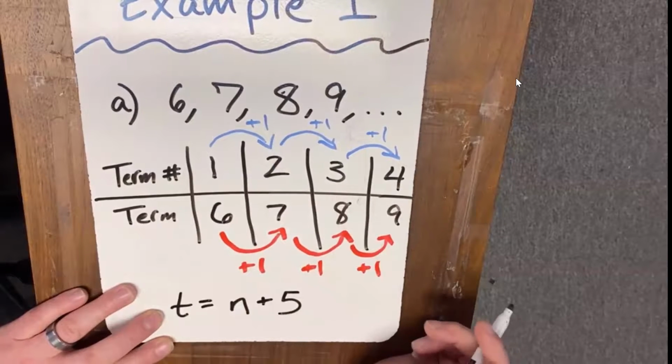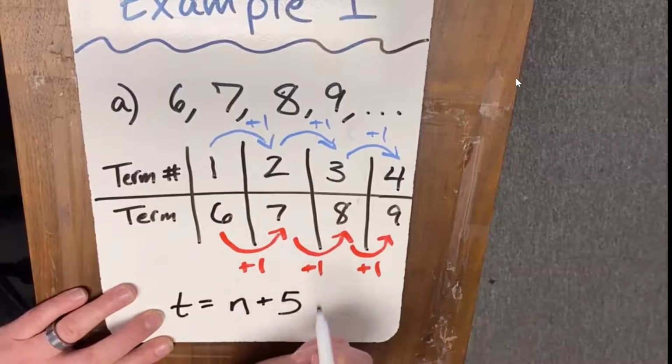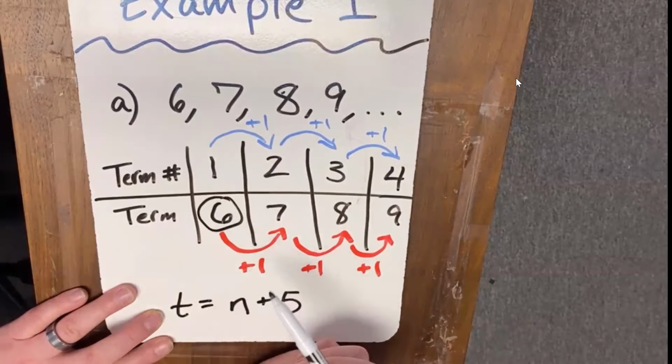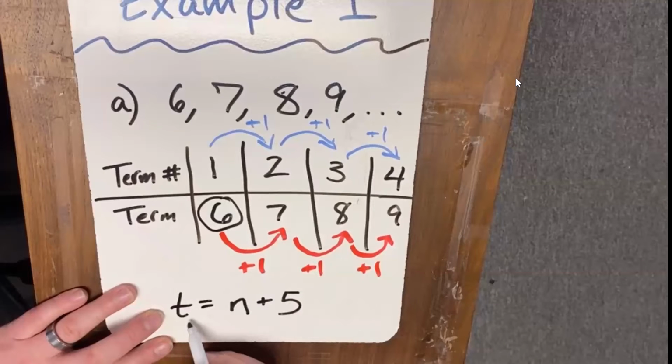Now, why is it 5? Because it is one number less than 6. So t equals n plus 5.